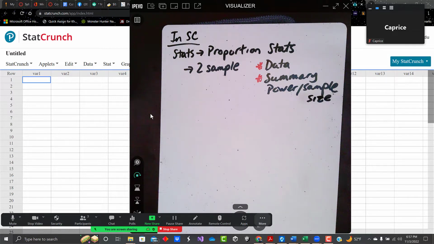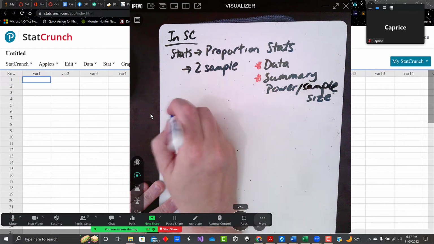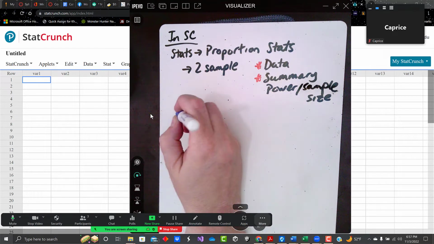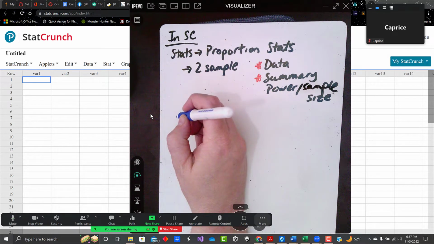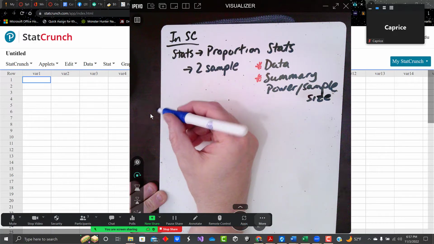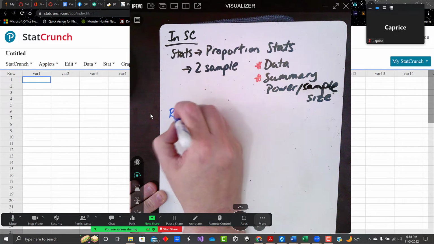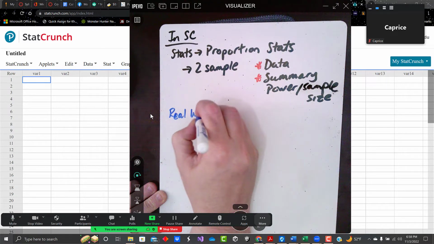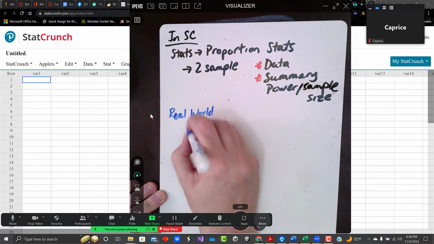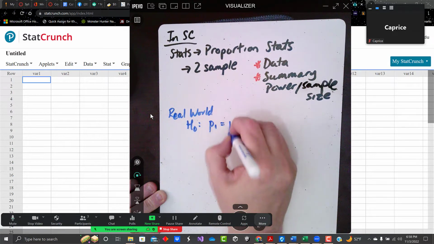We have a 5-step hypothesis test. The first step has something different. I told you H naught and HA change for each group. So in the real world, the way we describe H naught is, does P1 equal P2?